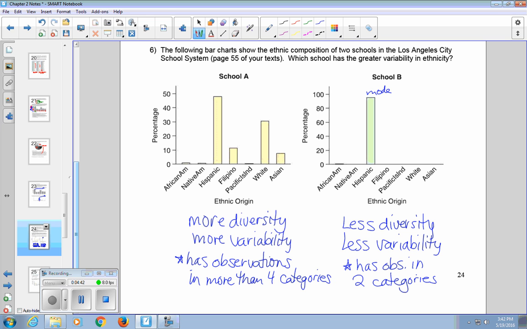It's almost entirely one ethnic group. Again, very small numbers in the other group. So again, School B has one mode. Most of the students are in that particular category. School A has a mode here, but the other categories also have quite a few students within them. And it has more than 4 categories as well.